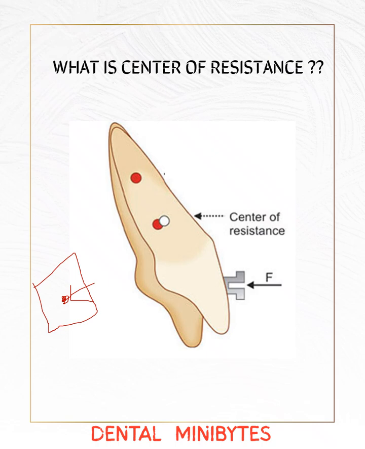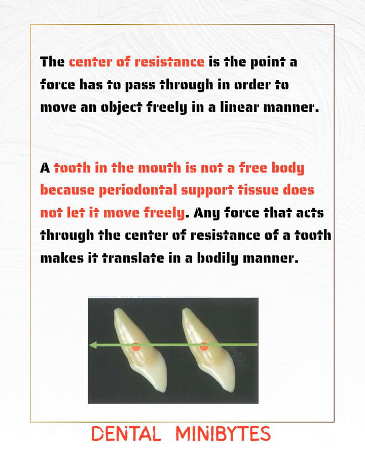So this is related to orthodontics because the center of resistance is present along the root surface, and the tooth is restrained within the periodontal ligament. So in orthodontics, the center of resistance is a center point which the force has to pass through so that the object can freely move in a bodily motion, that is, in a linear motion.